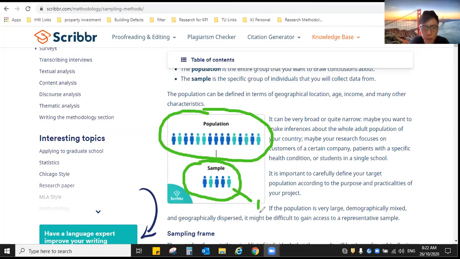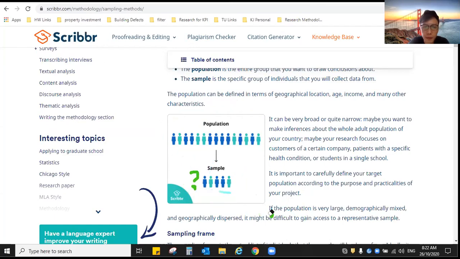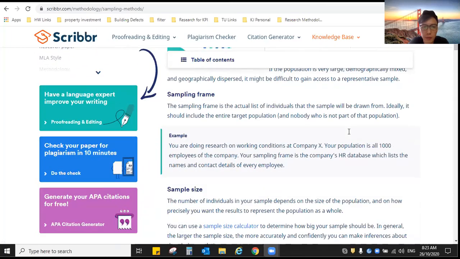I asked you, can one person do it or not? You say cannot. Can two people? You say cannot. So there is a certain number of samples you need to represent the population. What is the number? Later I will teach you how to calculate. This is the sample, very easy.